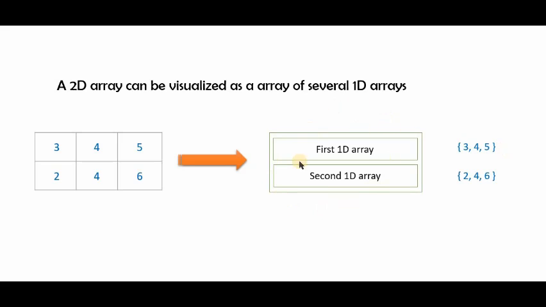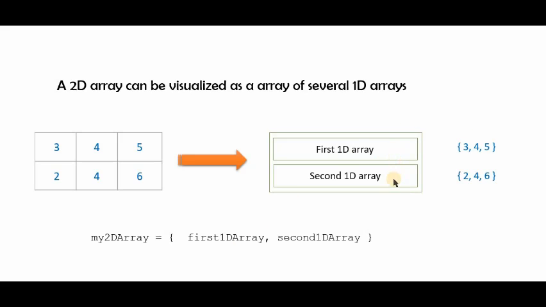Now we have thought of this 2D array as an array of 2 one-dimensional arrays. So my 2D array can be declared as an array. The contents of an array are always written inside flower brackets. So my 2D array can be initialized as an array. The first element of that array is the first 1D array.